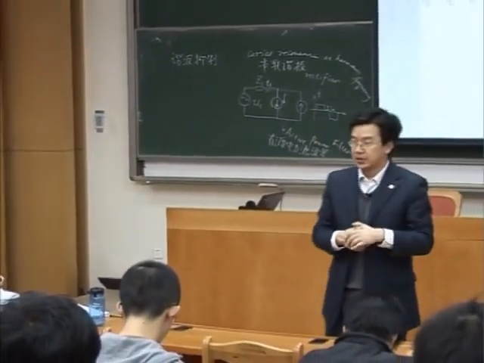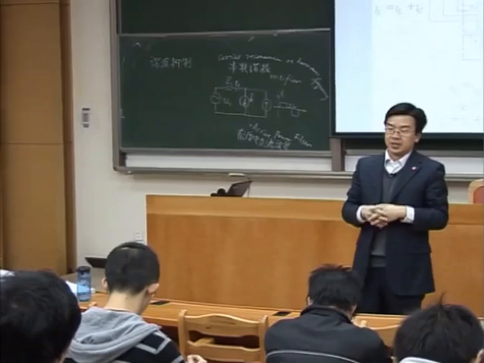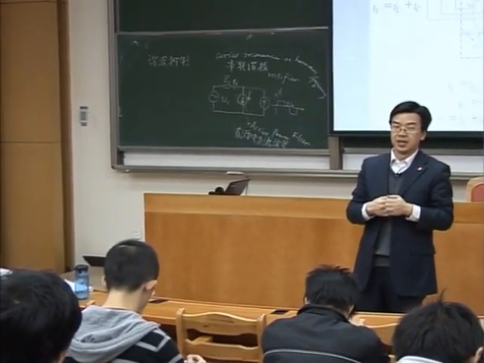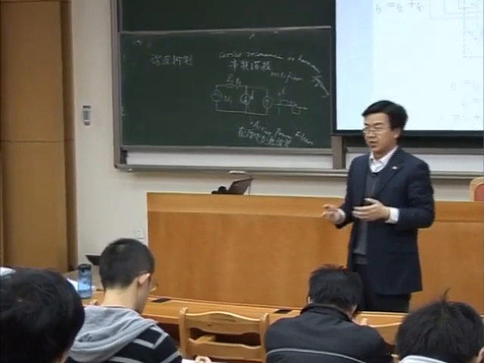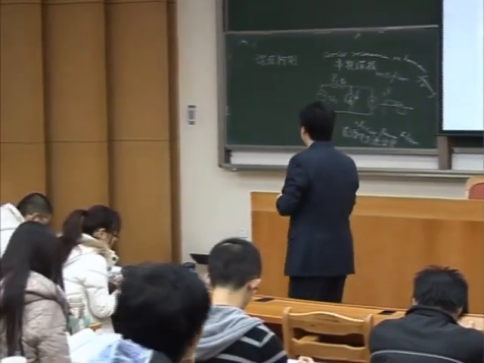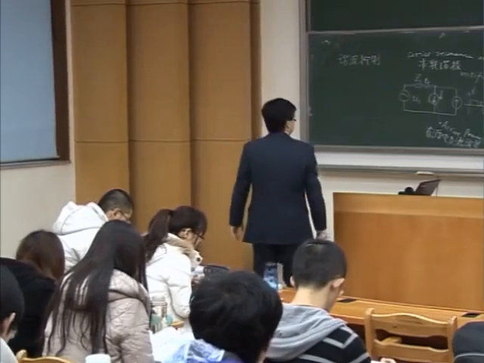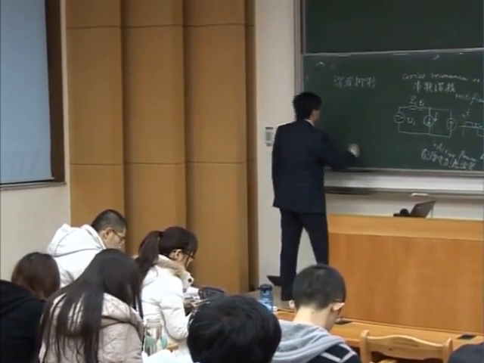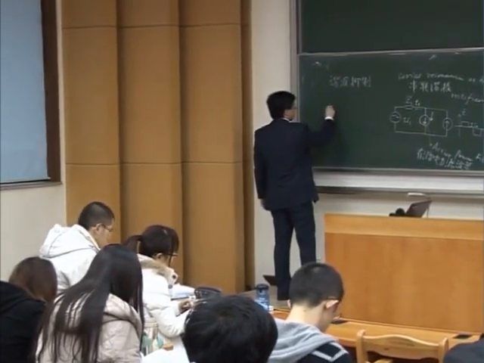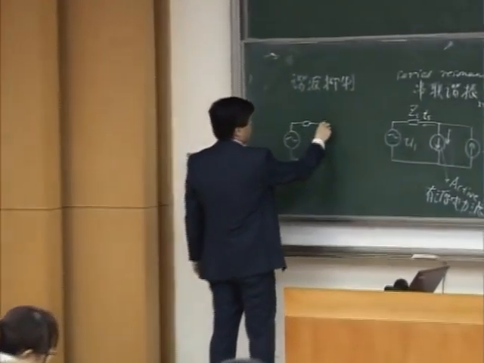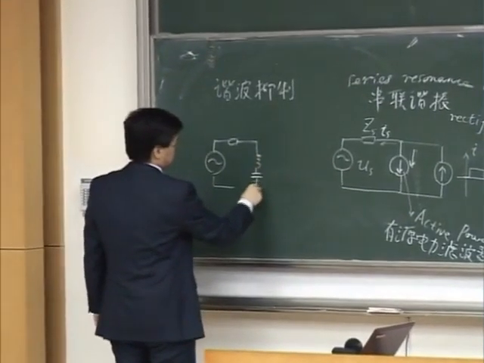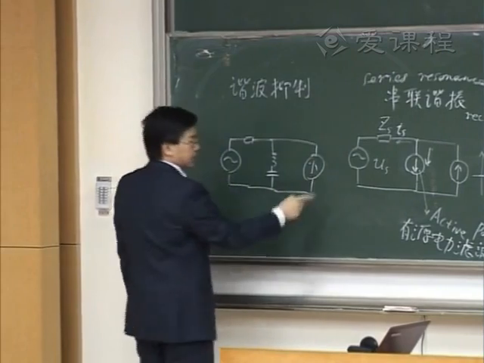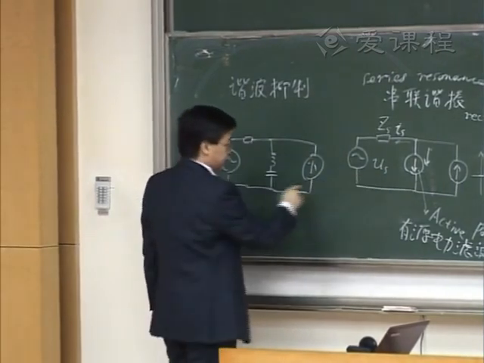Why is an active filter better? Do you have any idea? Why is the right-hand side, this active filter, better than this one?